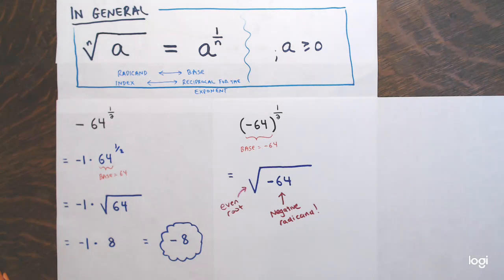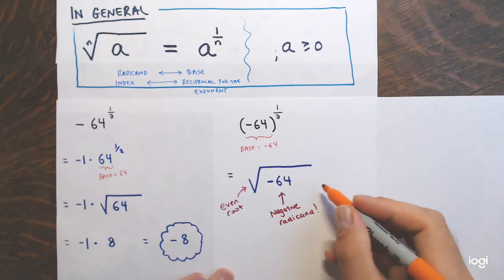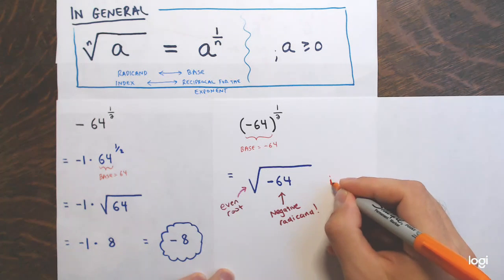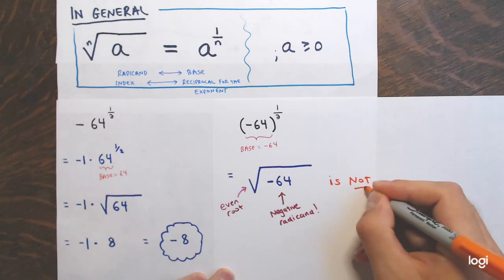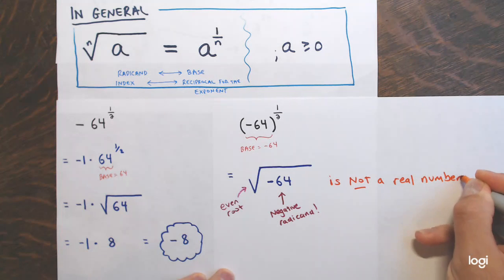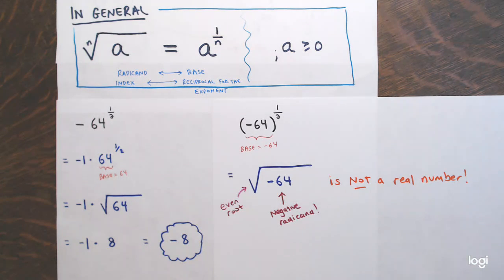Any positive number squared will be positive. Any negative number squared, negative times negative, will also be positive. So this is not happening on the real number line. There's no rational number, no irrational number that makes this -64 when you square. So I can't really simplify this. All I would really have to say here at the moment is that this is not a real number. Okay, and that's it. Nothing to do there. Can't simplify it.